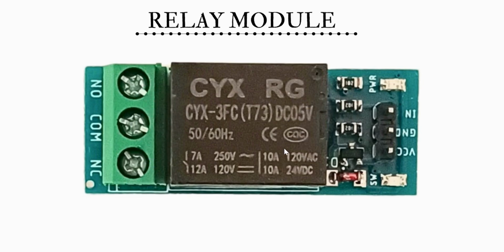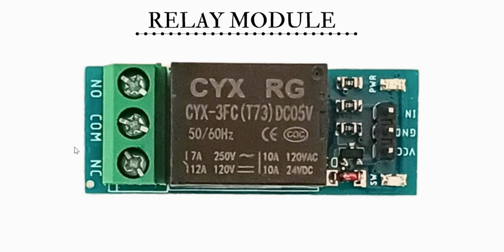But the components which we use, like bulbs, fans and motors, will work on higher current, and it can be as high as 220 volts and as low as 10 volts. So this relay will work as a bridge for that current fluctuation. So that is how this will be working.